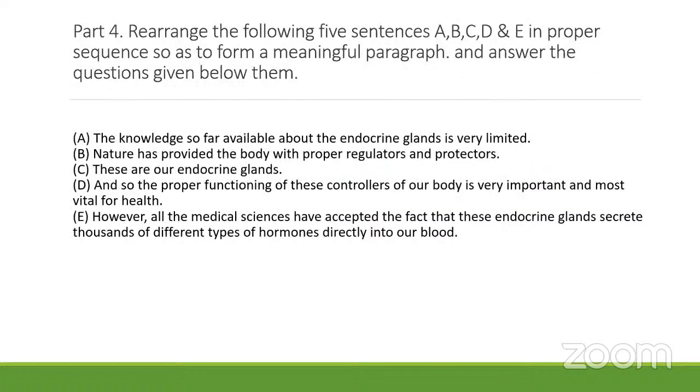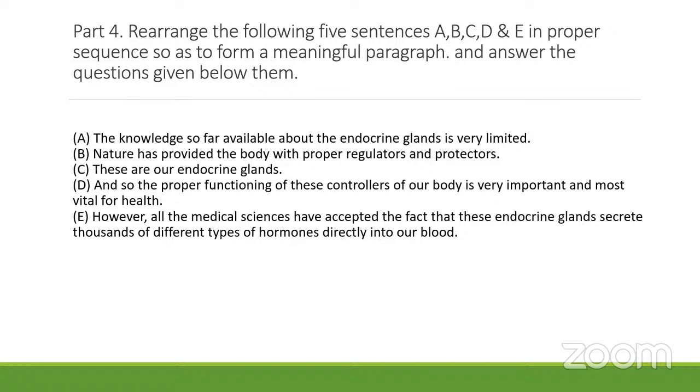Now, the next form of question, as I mentioned, is where you get 5 sentences in a paragraph. What you have to do is put the sentences in a form where you make sure that it forms a meaningful paragraph. As you can read, the first line is: the knowledge so far available about the endocrine glands is very limited.